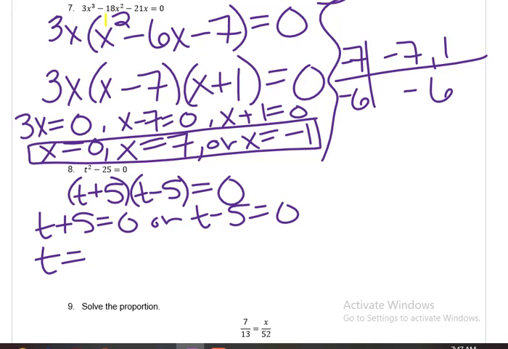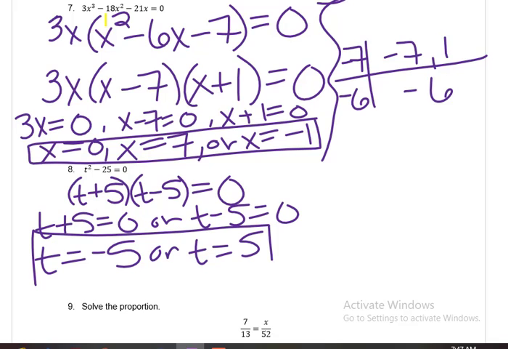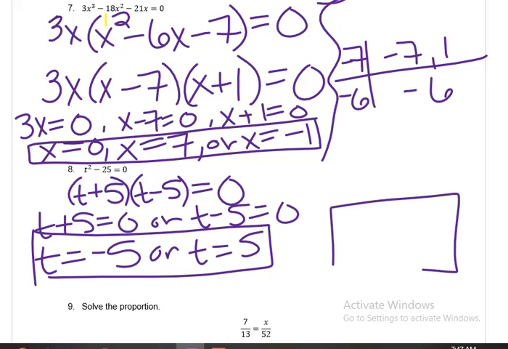If t plus 5 is equal to 0, t is equal to negative 5, or if t minus 5 is equal to 0, then t is equal to 5. This is a fine way to express your answer, but you could also write it like this, that t is equal to plus or minus 5.